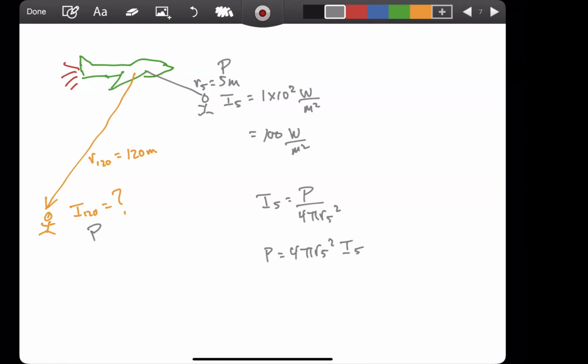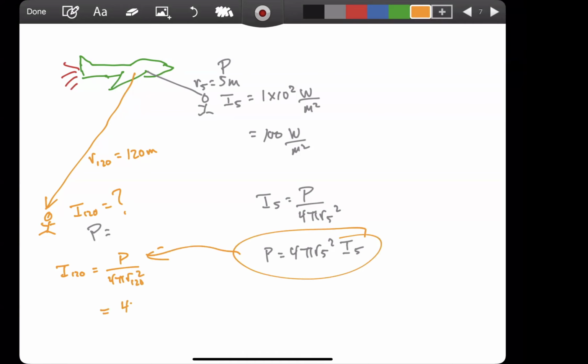Now, since that has to be the same power that is here, let's plug that into the expression for I120. So I120 is going to be the same thing as the power divided by the surface area, which is 4 pi R120 squared. Now let's take this and put it in here to create a ratio. So this is going to be the same thing as 4 pi R5 squared divided by 4 pi R120 squared, all times I5.